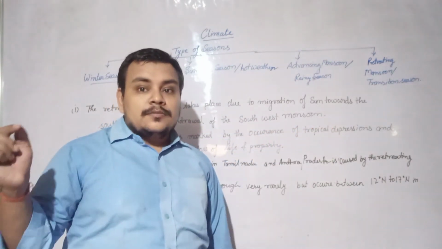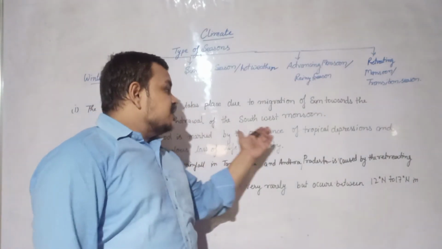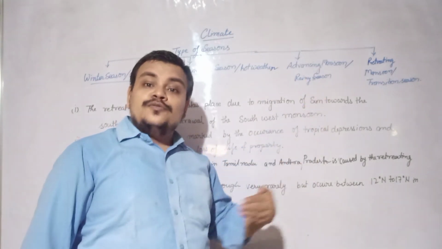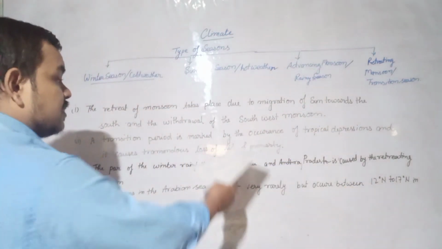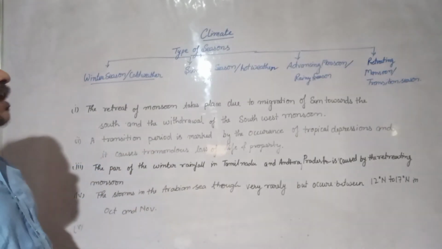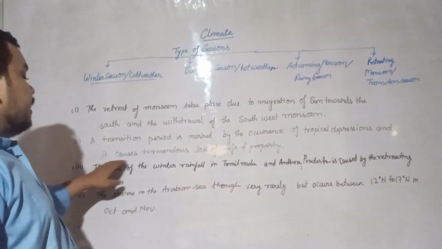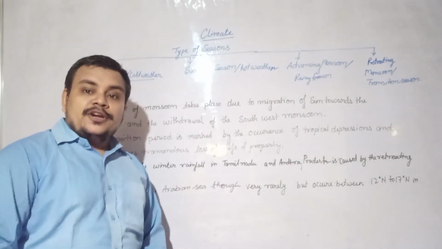Just as the monsoon enters our country, in this time the monsoon moves away from the southwest areas, so this is known as the southwest monsoon. The transition period is marked by the occurrence of tropical depressions, which cause tremendous loss of life and property.